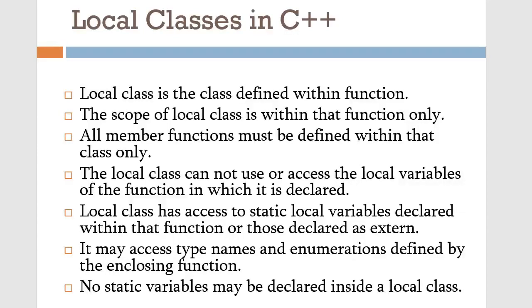The fourth point: the local class cannot use or access the local variables of the function in which it is declared. The local class has access to static local variables declared within that function or those declared as external. So let's understand these two points. First, the local class cannot access the local variables.